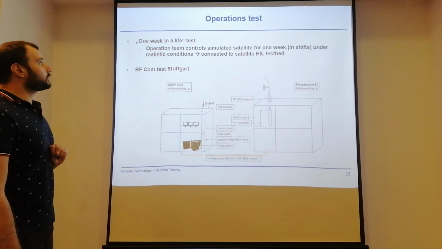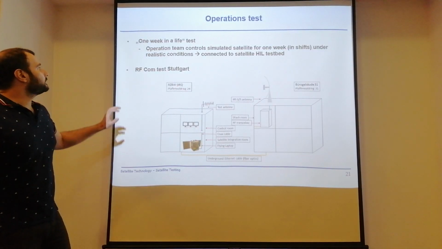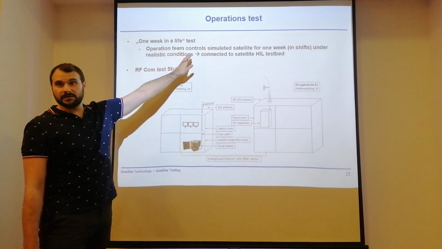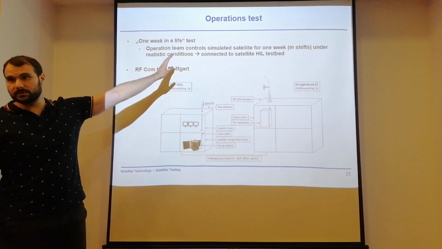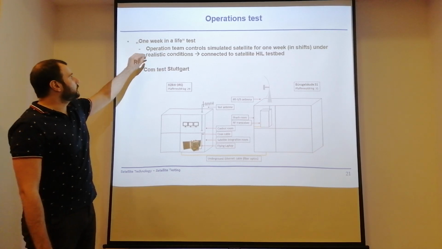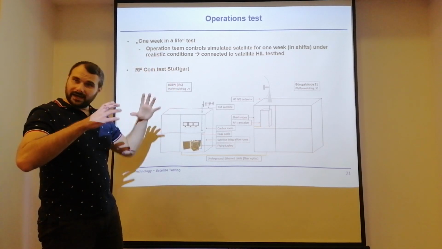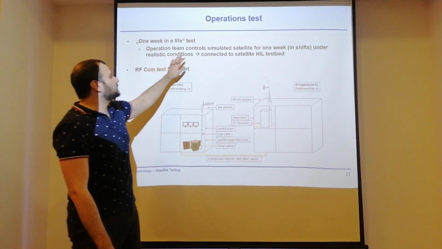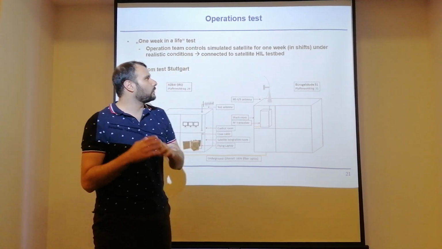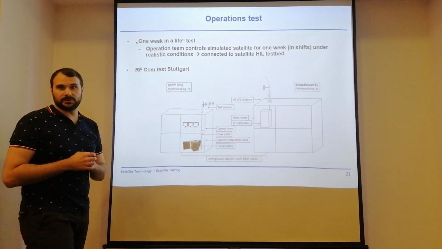Furthermore, there were more operation tests performed, especially the 1 week live test. That was very close to the actual launch of the satellite, where the operation team came all together in shifts and controlled the simulated satellite for 1 week under realistic conditions.